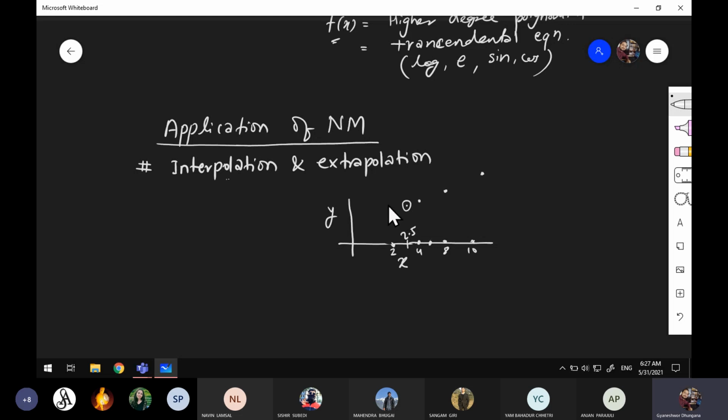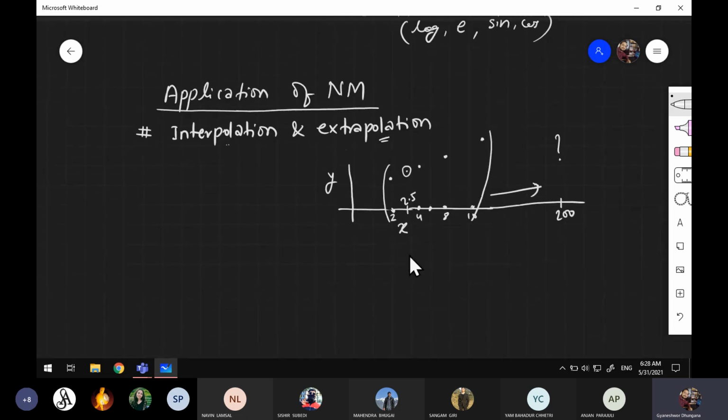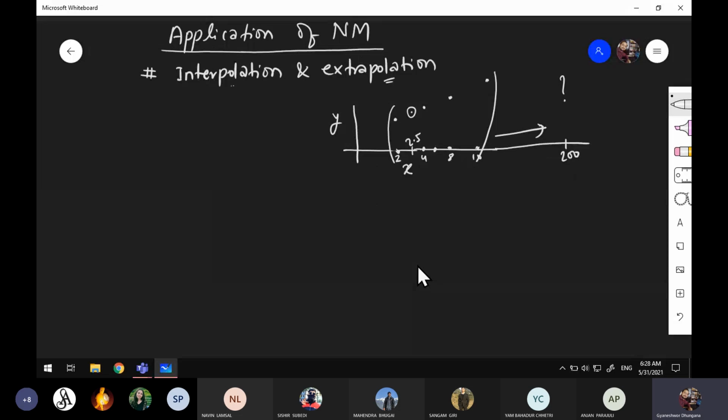Similarly, if we are given observation points within this limit only, but we have to approximate the value of y corresponding to, suppose, 200, which is beyond the given set of observations, then the problem is called extrapolation. So interpolation and extrapolation are famous and popular problem domains where we can apply numerical methods.